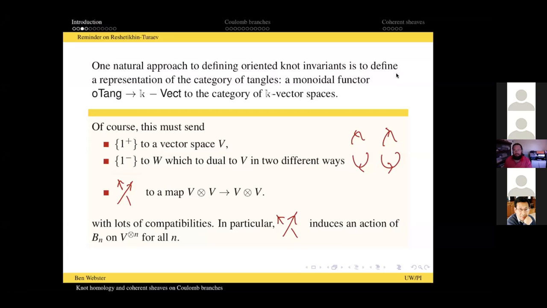There is also a map corresponding to crossing, here only looking at oriented upwards, and there have to be a bunch of compatibilities between these maps, which I'm not going to write out. One important one is that these crossings induce a representation of the braid group on V to the tensor n for all n.